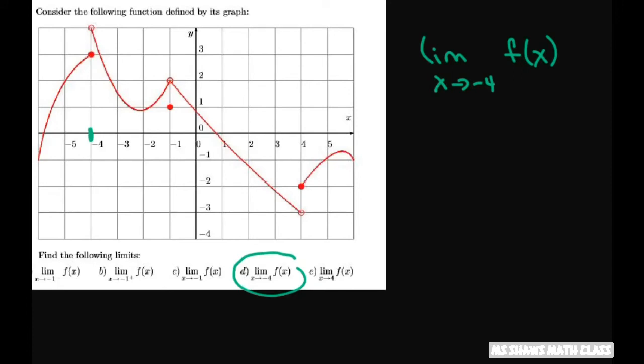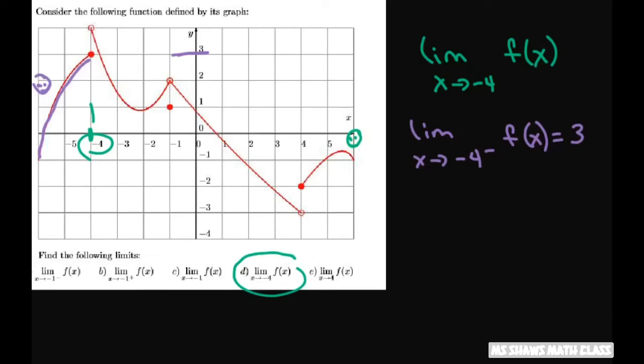So you have this person here, and you have one over here, and you all want to meet at -4. So over here, you're coming up here, and you're at 3. So the limit as x approaches -4 from the left of f of x equals 3.